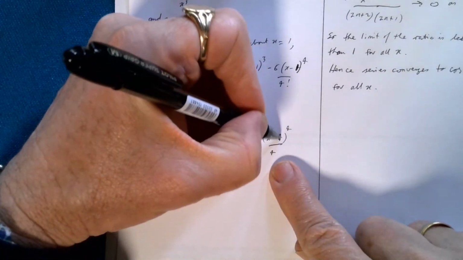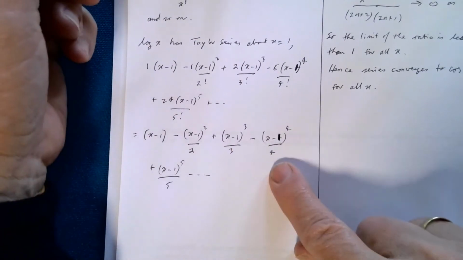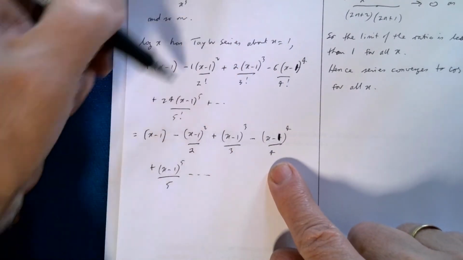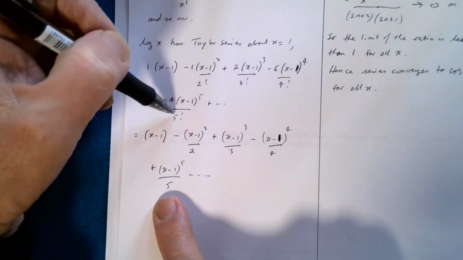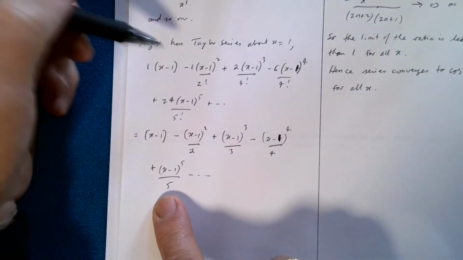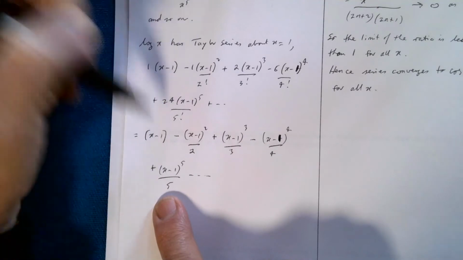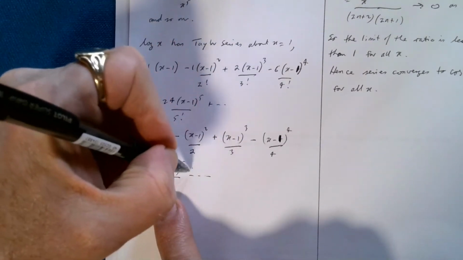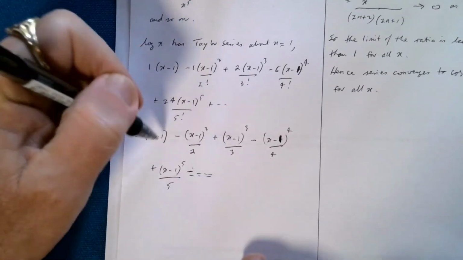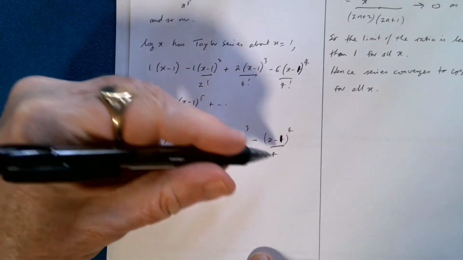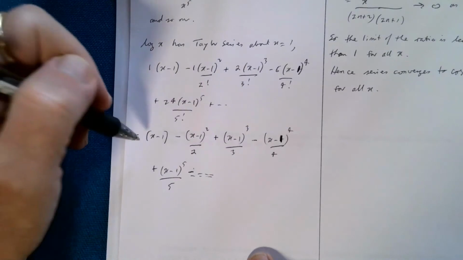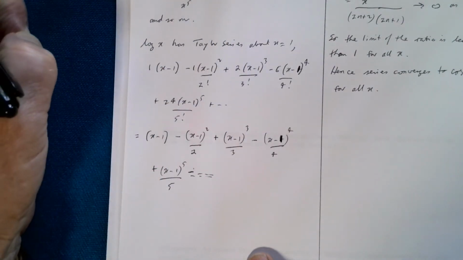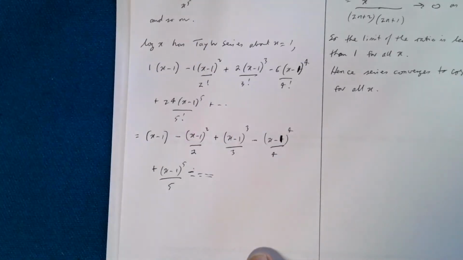This is x minus 1 to the 4th on 4, and now we're seeing what the pattern is. Finally, just check the last one here. 5 factorial is 120. 24 on 120 is 1 on 5. And now you believe the pattern here. You're getting 1, 2, 3, 4, 5, and so on. And so there's the pattern, and there's the series for log of x about x equals 1.